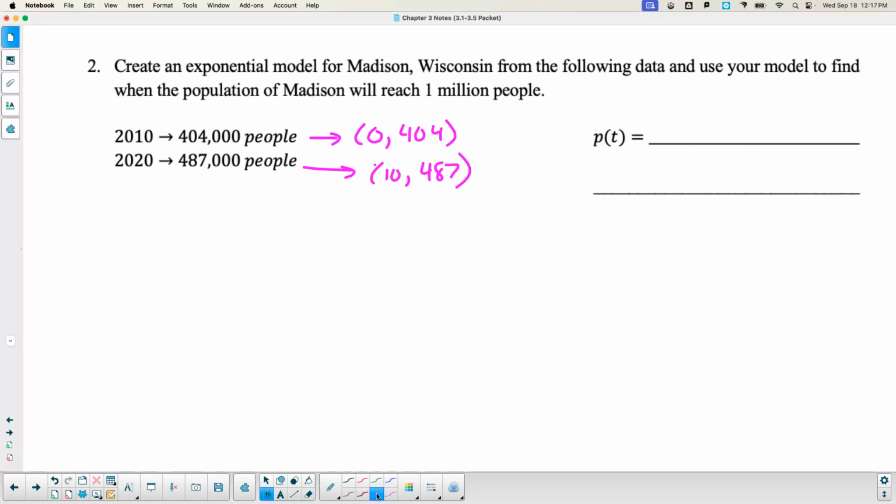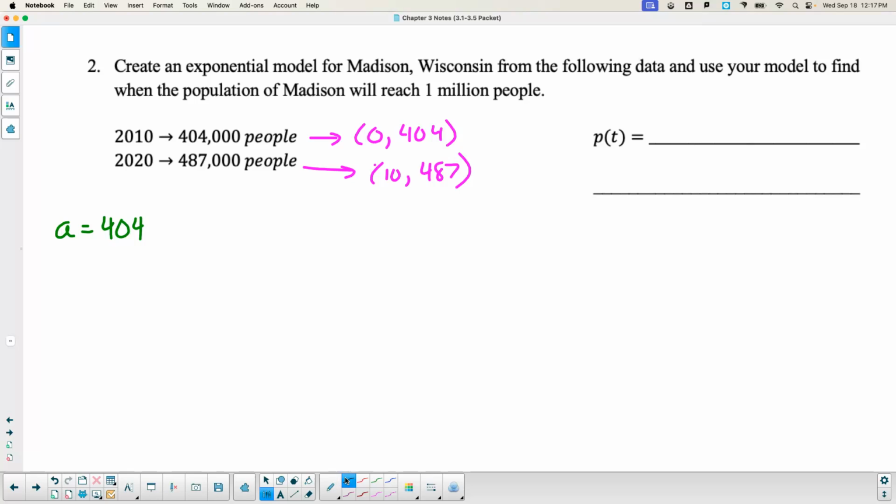I switched those points around to make it so my function is going to be, T is going to be in years since 2010. Okay? So if that's the case, then 404 is my initial value, because it's my value at T equals 0.